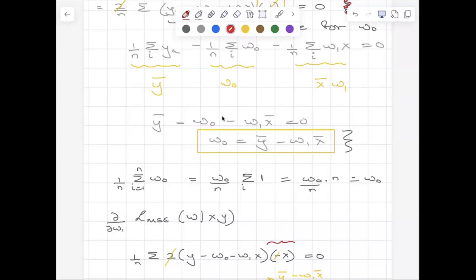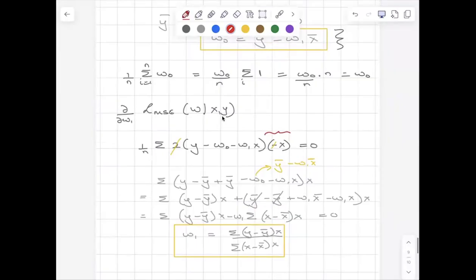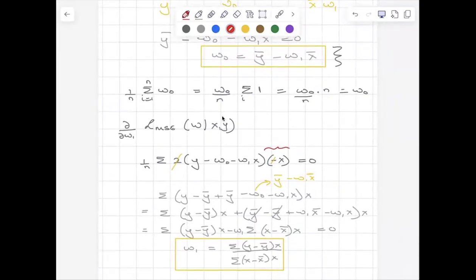The parameters are w0 and w1. So I want the values of w0 and w1 that minimize the loss function. And by taking the derivative of the loss function, setting it equal to 0 and solving for w0 and w1, I get these equations for w1 and w0. That is the key thing to keep in mind out here.